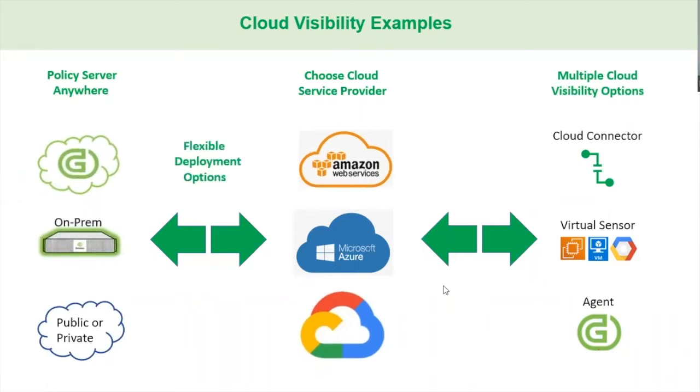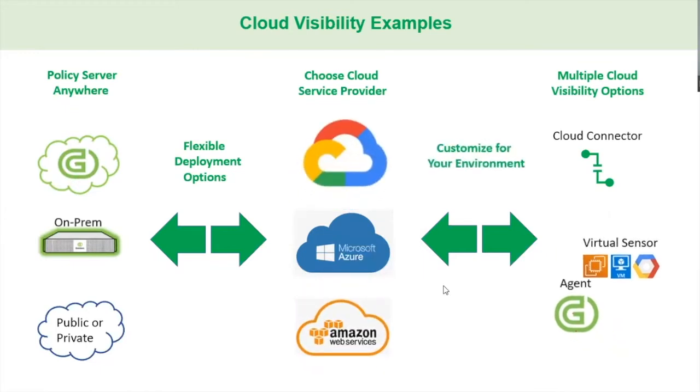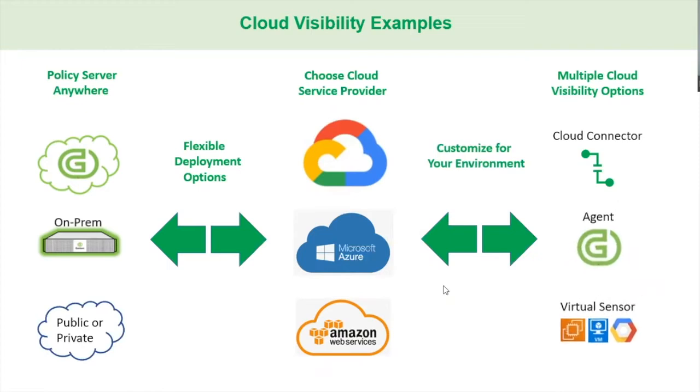You should be able to mix and match these. You shouldn't be locked into one particular cloud service provider or locked into one way to get your cloud visibility and your control. That is key, to be able to have options. And that's what we're going to be explaining in some of the subsequent slides here.